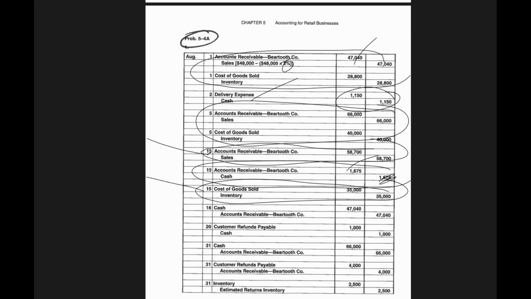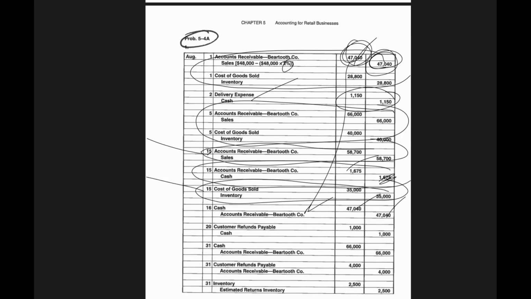On the 16th, Beartooth paid Summit for the purchase of August 1st, $47,040 up here, AR. Now it's getting paid. Debit cash, credit AR. On the 20th, it reads, Summit Company paid Beartooth a cash refund of $1,000 for defective merchandise.